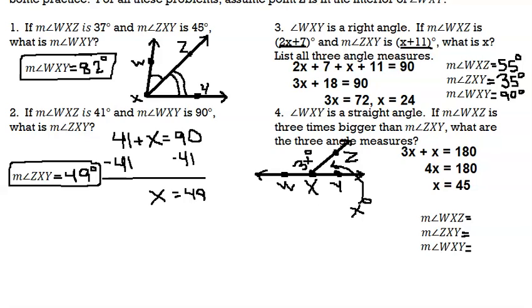So WXZ is going to be the big guy. If it's 3 times bigger and x is 45, 45 times 3 is 135 degrees. The little guy was just x, so that's 45 degrees. And then the whole thing would be the straight angle, which was 180 degrees.